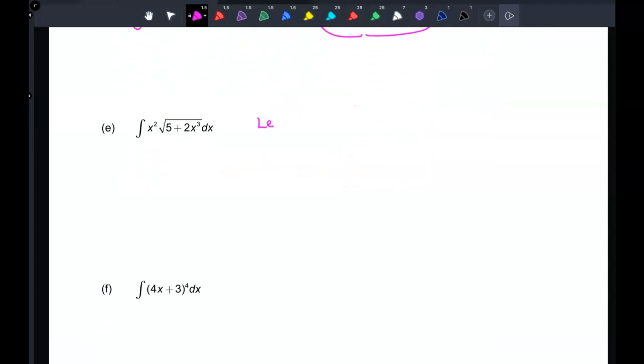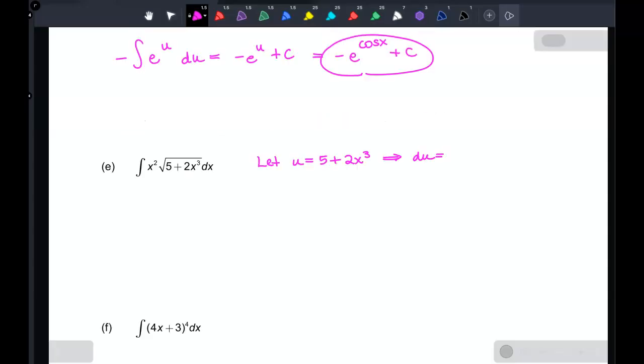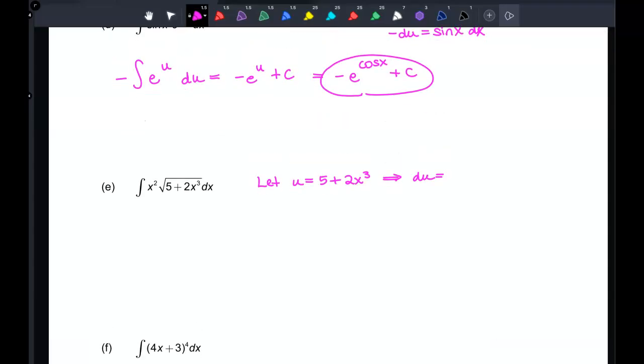Okay, next one. What are we going to let u equal? 5 plus 2x cubed. Do we have to write let u or can I just write u? You can just write u. When I introduce a new variable, I like to write that, but you can just write u.